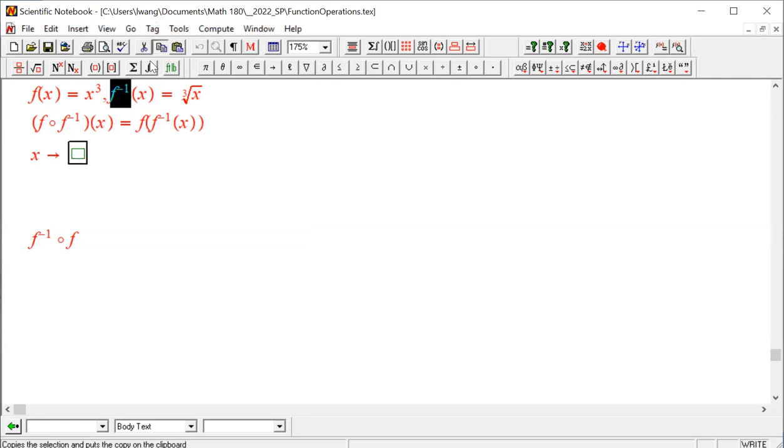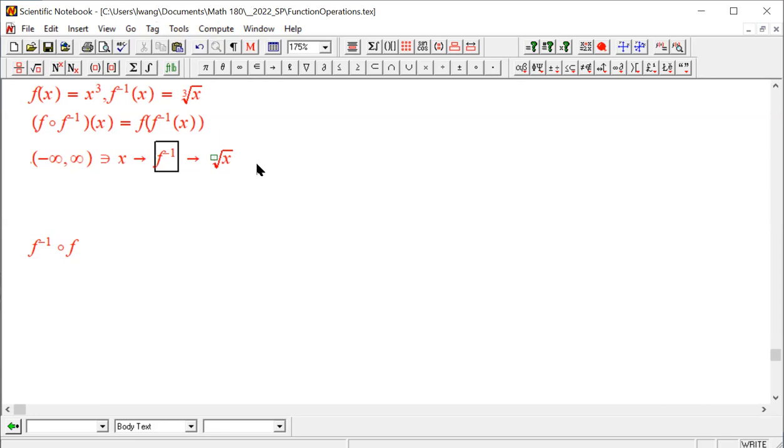The domain of f inverse here, the cube root of x, is all real numbers. So x is from all real numbers, and it comes out, because f inverse applies, as the cube root of x. That's the rule.